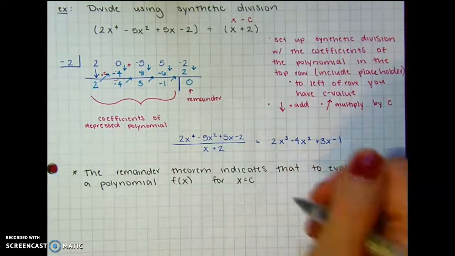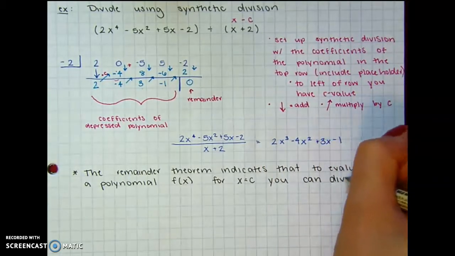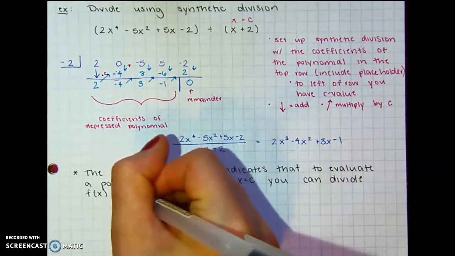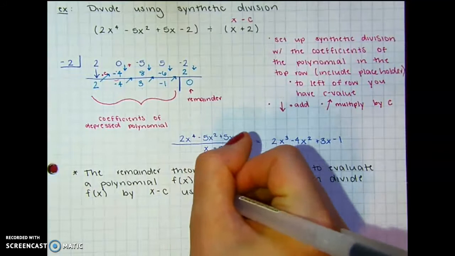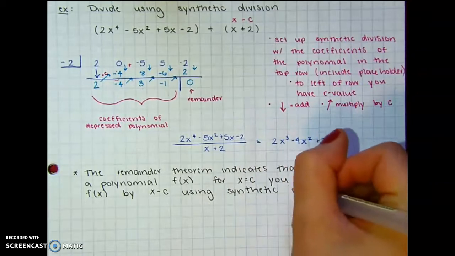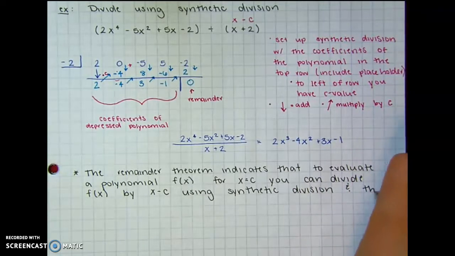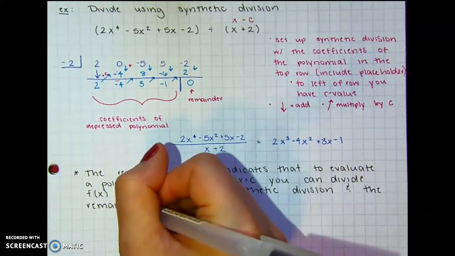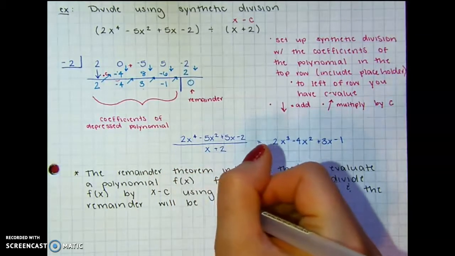You can divide f of x by x minus c using synthetic division and the remainder will be f of c.